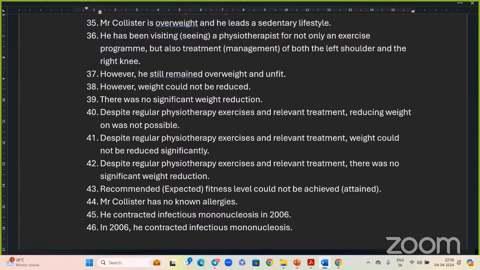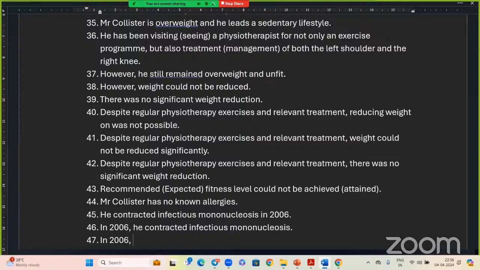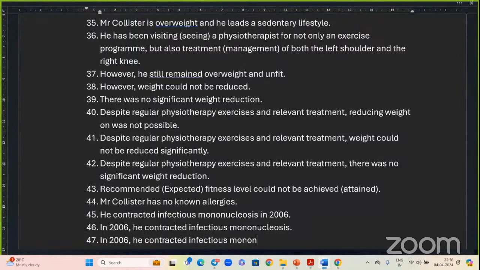You can join both these sentences now like this. In 2006, he contracted infectious mononucleosis.